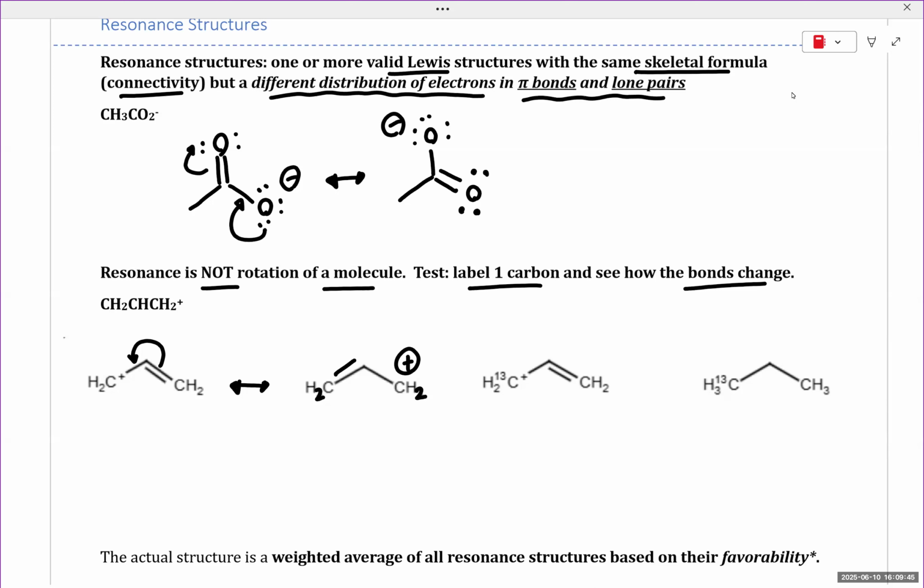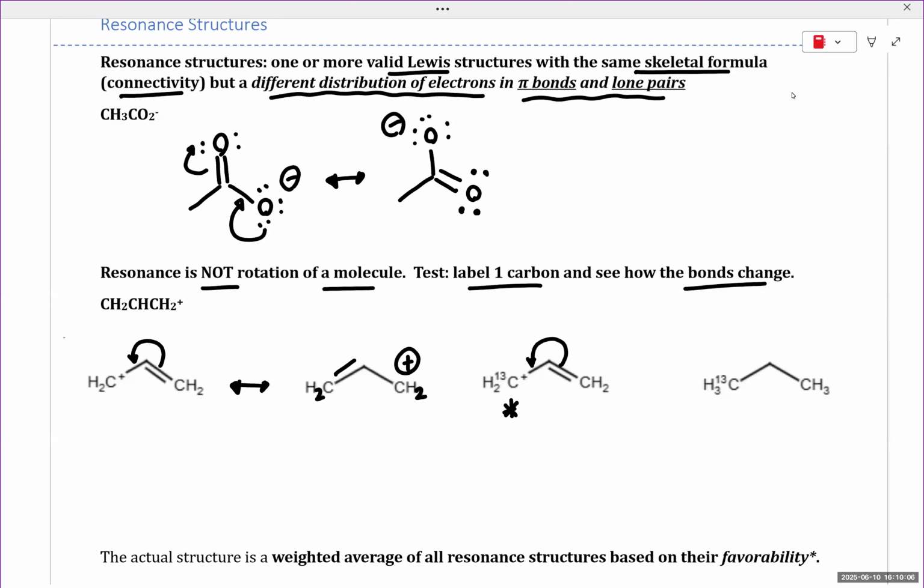Now, one way we can tell that we've clearly changed the distribution of pi bonds in our molecule is if we arbitrarily label one of the carbons. Suppose it's radio labeled in some way. Suppose it's a carbon-13 atom instead of just a normal carbon-12 atom.